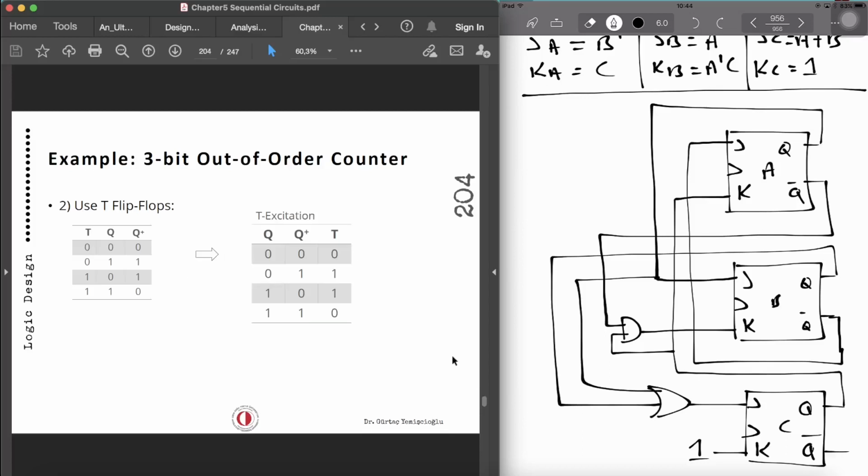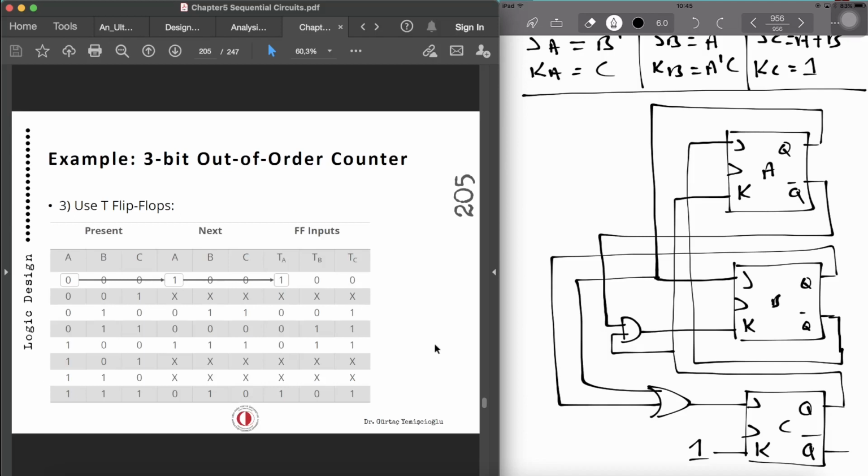We can also implement the same function with T-type flip-flops like we have done with the counter example before. So the excitation table is similar to the characteristic table for the T-type flip-flop, if you do remember. So 0, 1 means T has to be 1, it's toggling; don't care; not toggling; not toggling; 1, 1 not toggling; don't care; and 1, 0 toggles.